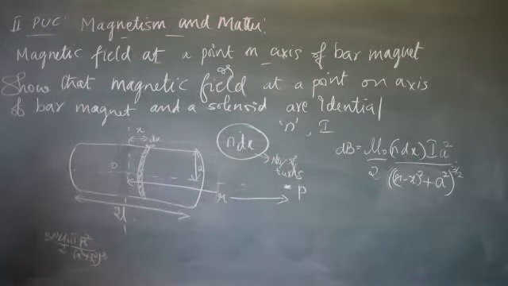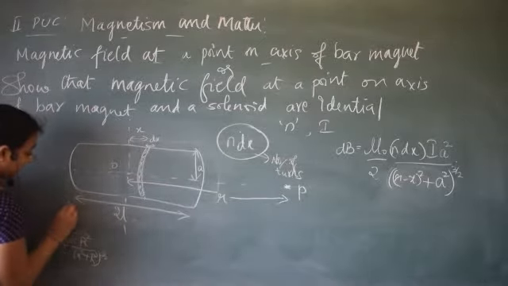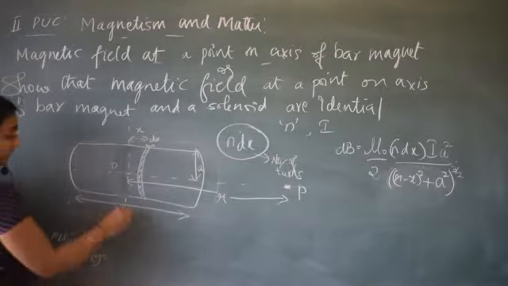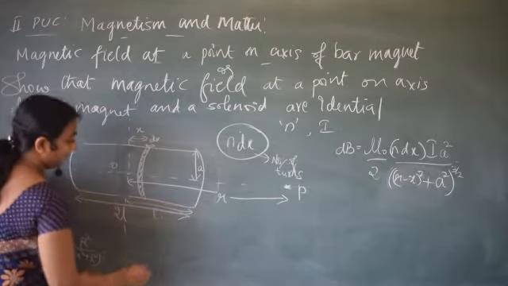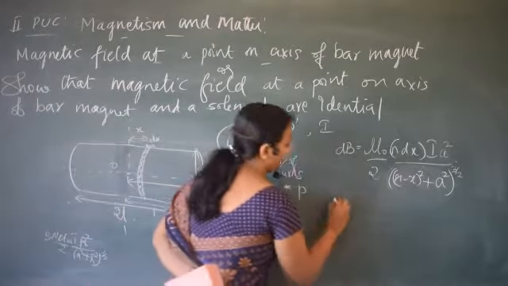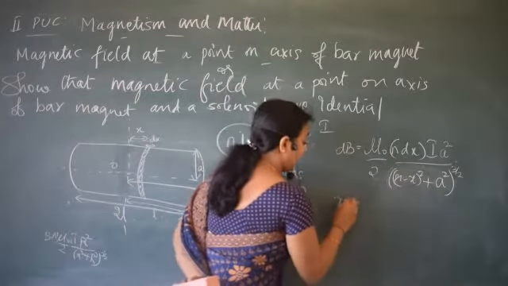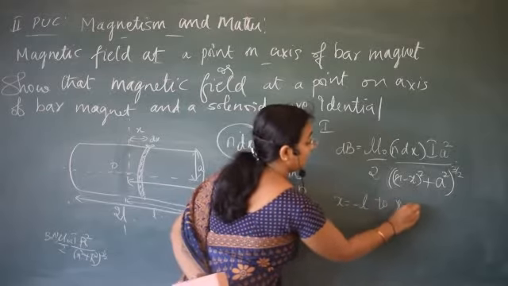So we have to integrate from x is equal to minus L to x is equal to plus L, correct? Fully it is 2L, for half it is L.